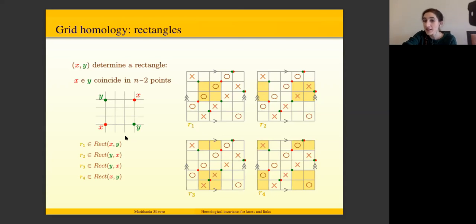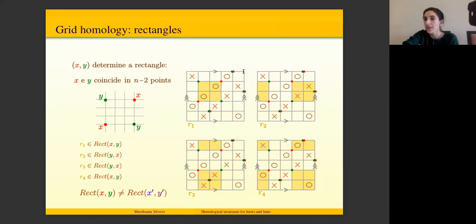So these are rectangles. And it is important to say that rectangles, even if they are defined just by those two points where X and Y differ, if the rest of the points are different, meaning that imagine that this one is here and this one is here, then the rectangles are different, right?